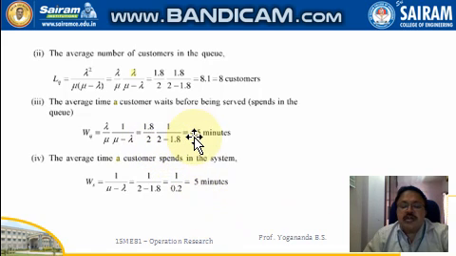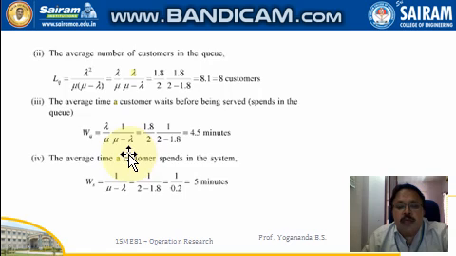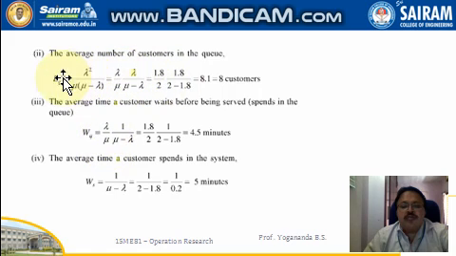So the average time a customer waits before being served is given by this formula: lambda by mu into 1 by mu minus lambda. So we want lambda by mu here. That's why in the earlier formula we have taken lambda by mu separately.